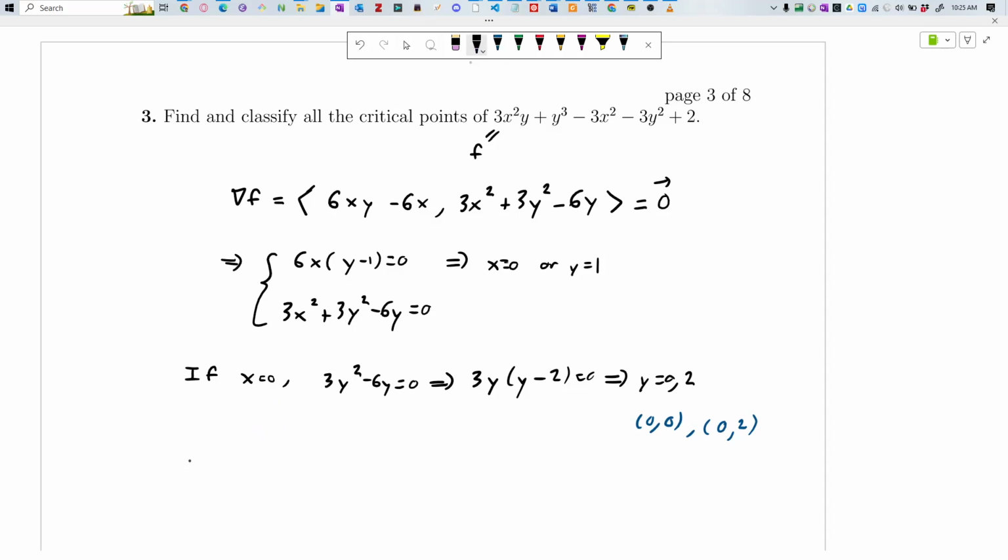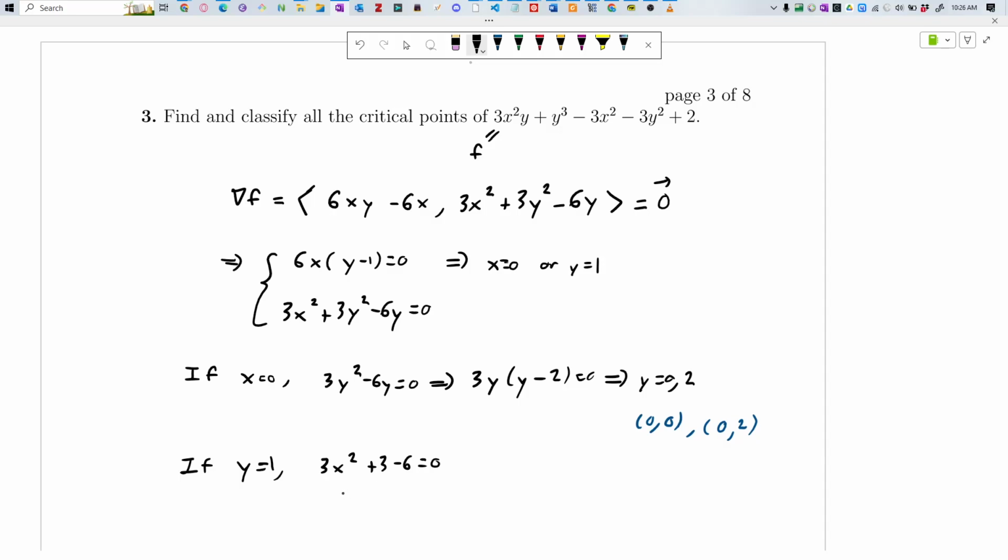Okay. On the other hand, if we had this other branch, if y was equal to 1, then, let's see, what does this reduce to? 3x squared, if I plug in, plus 3 minus 6 equal to 0. Yes, that's right.